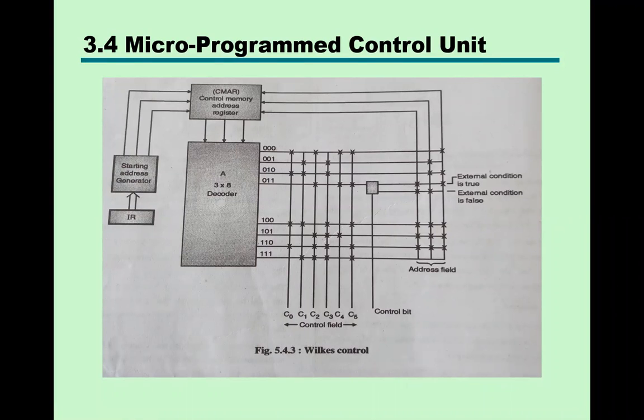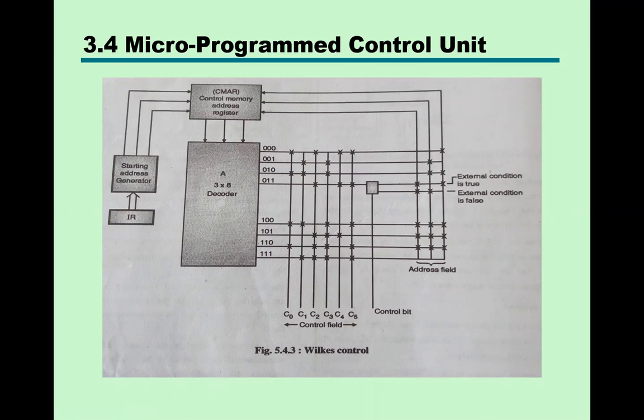This address is once again fed to the control memory address register, resulting in activation of another control line of the address field. So actually from here we are choosing a next address, and according to the address, this decoder activates a different line, and after activating a different line, a different control signal will be generated.